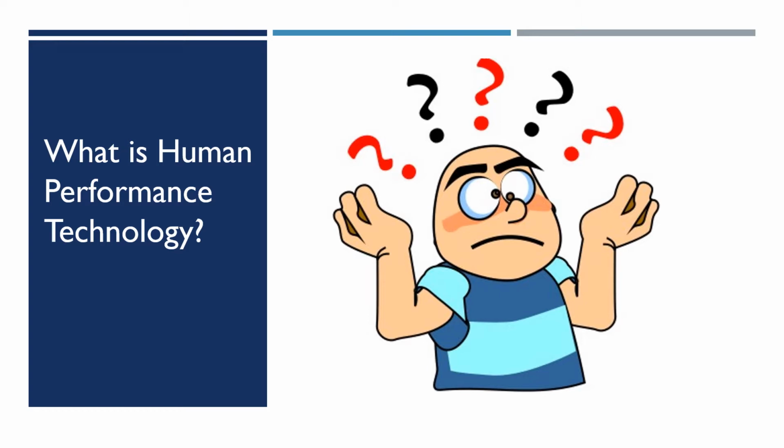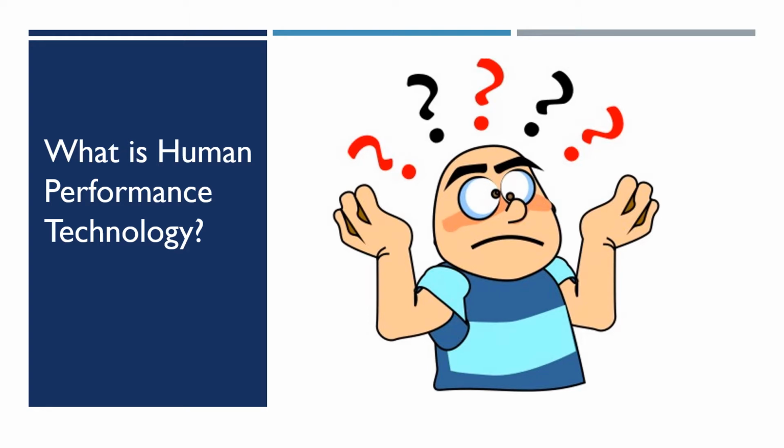In fact, the systematic approach includes improving productivity and competence, using a set of methods and procedures, and a strategy for solving problems and realizing opportunities related to the performance of people.